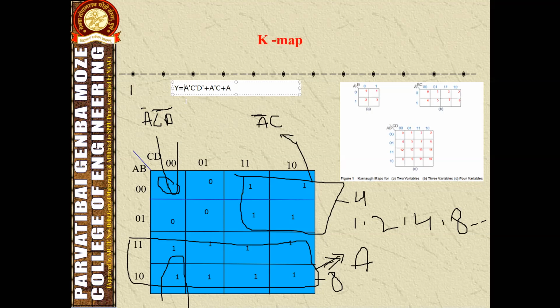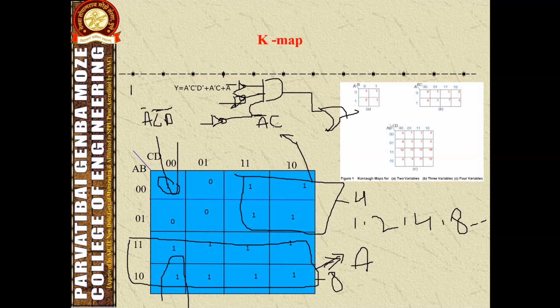So using this, we can design a combinational logic circuit. We can design an AND gate which is having 3 input terminals: A bar, B bar, C bar and D bar. Like this we can design. So these are combined with the OR gate.